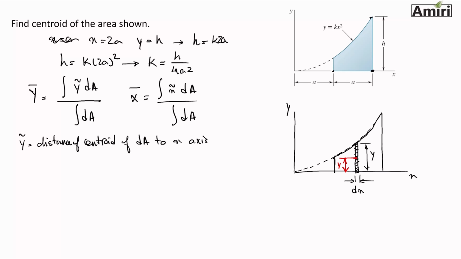This is y tilde. And then the distance of the centroid of it to the y-axis is going to be my x tilde, which in this case is just x. In this case, half of y is my y tilde. So it's y over 2.